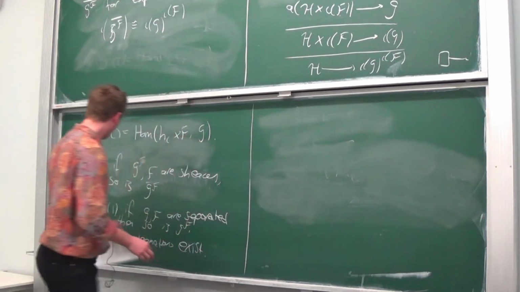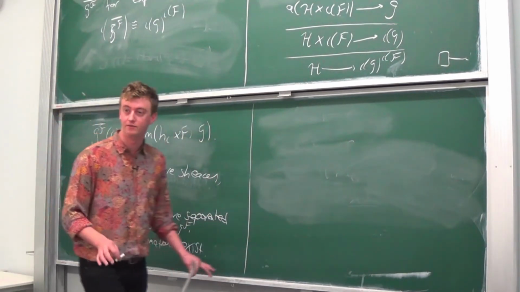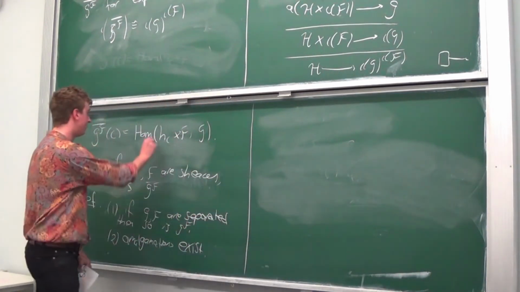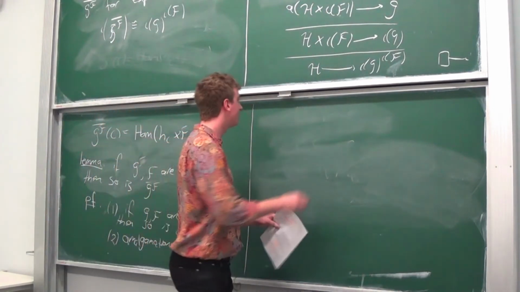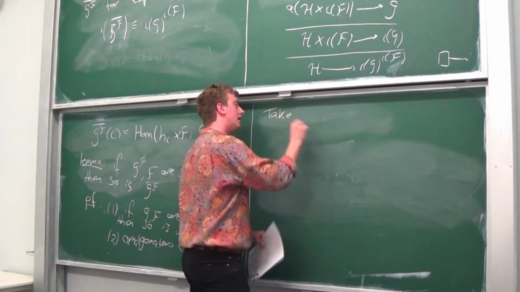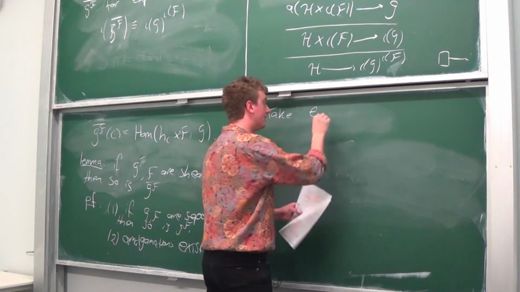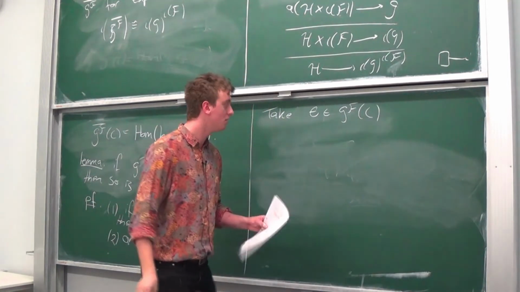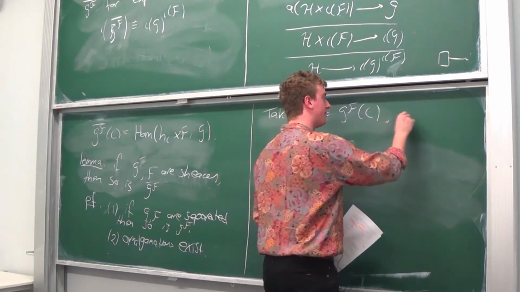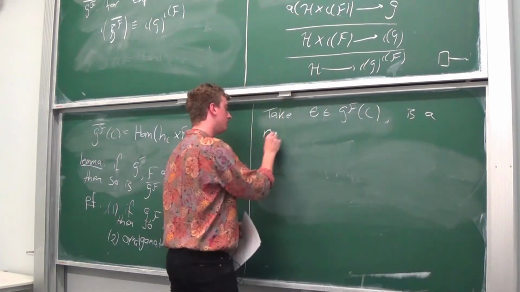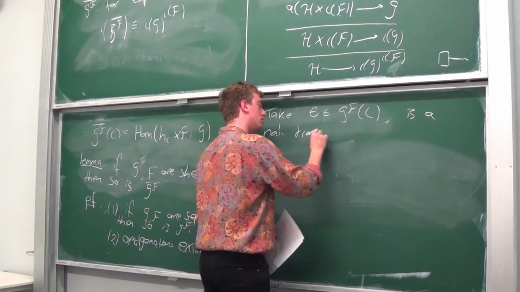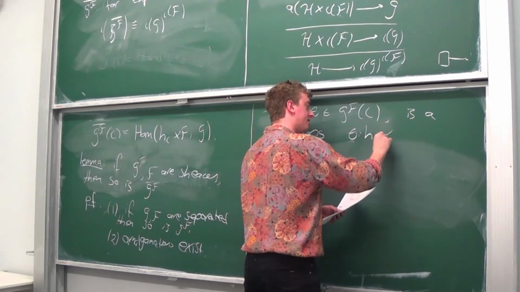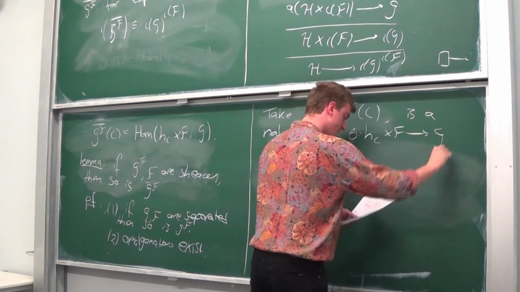So before we start doing either of these, it's helpful to write down what exactly we mean by an element of a section over this sheaf. So we take some theta. This is going to be in the exponential over c. What's this going to be? So it's a natural transformation going from hc times f into g.